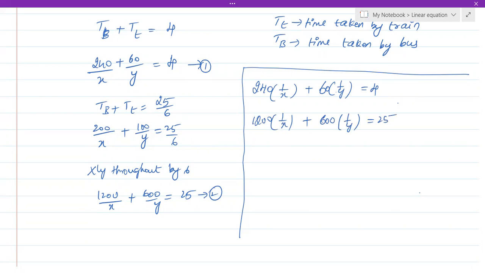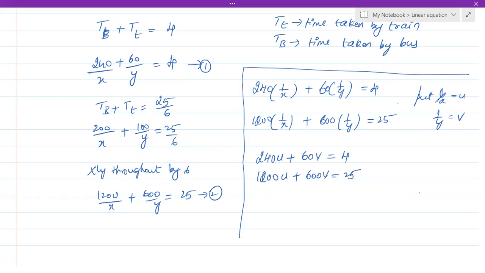Put 1 by x as u, and 1 by y as v. Therefore it will become 240 u plus 60 v is equal to 4, and 1200 u plus 600 v is equal to 25.